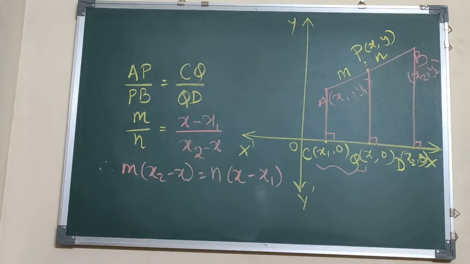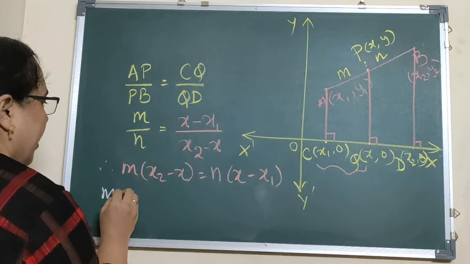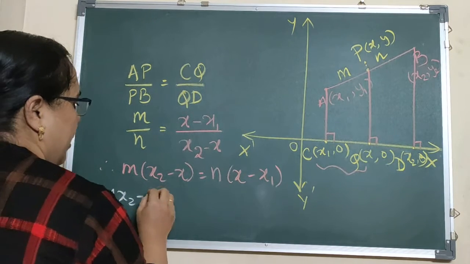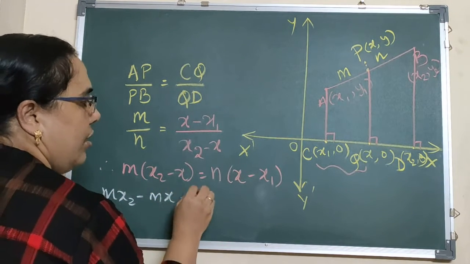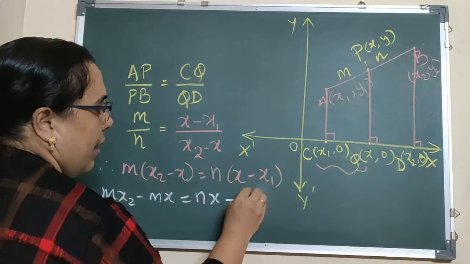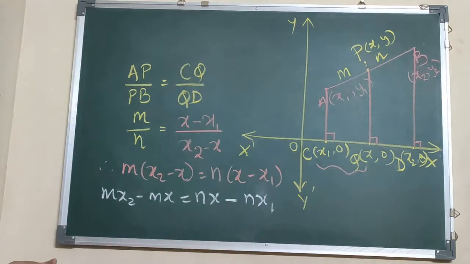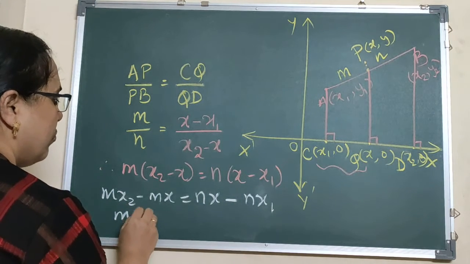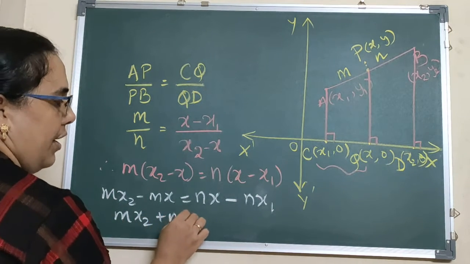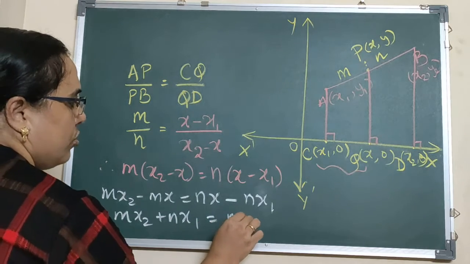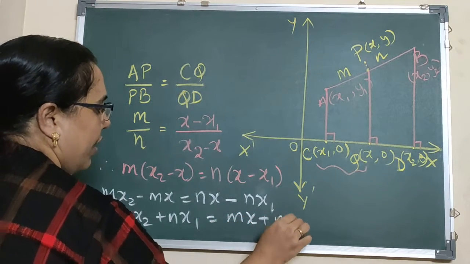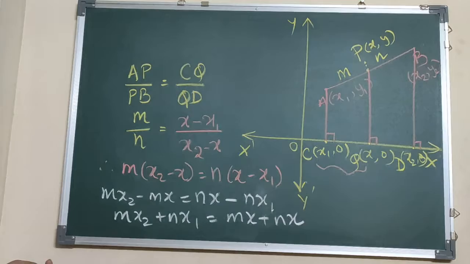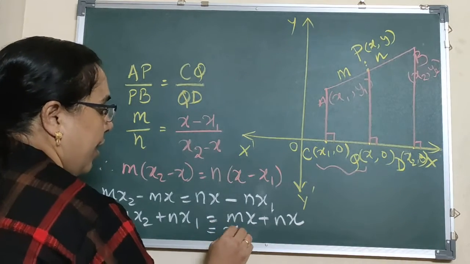Open the brackets. You get mx2 minus mx equals nx minus nx1. So here I bring x together: mx2 plus nx1 equals mx plus nx. What can I take out common here? x is common.